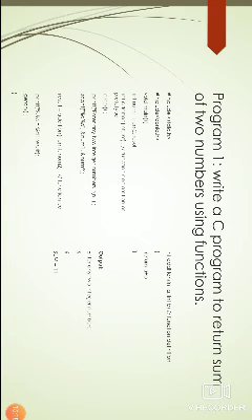Next, result equal to addition in brackets open num1 comma num2 bracket close semicolon. Here I am writing a function call, that is addition(num1, num2); So here this is a function call with two actual parameters, num1 and num2.